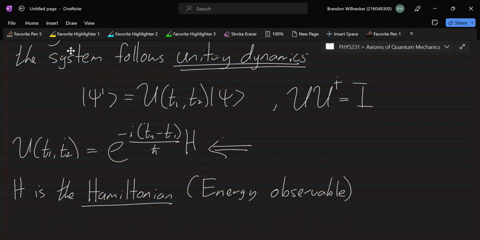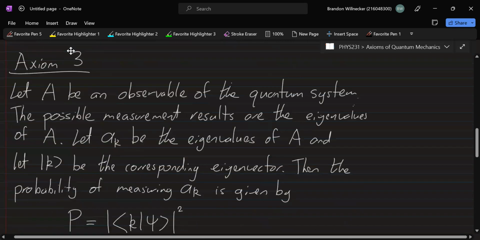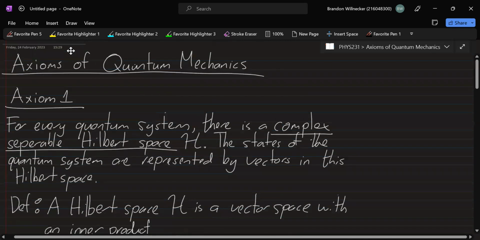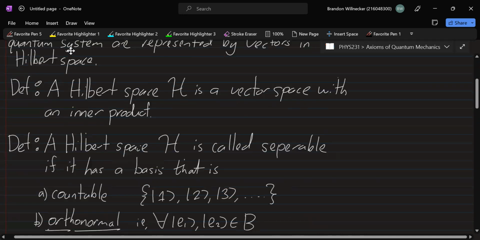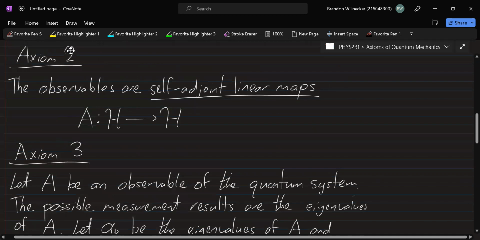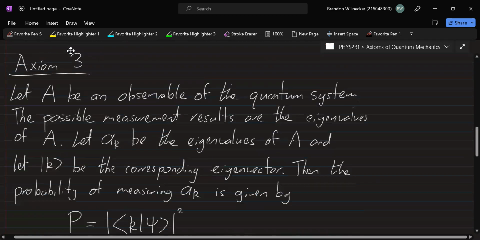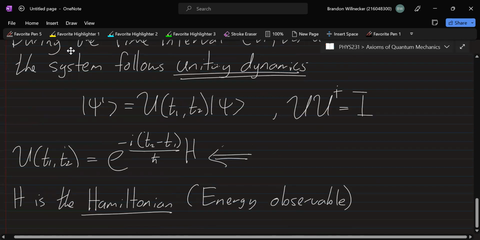So that's it for today. If you have any questions on these axioms or anything in particular here, let's go back here: complex vector spaces. We've gone through inner products, bases, orthonormal bases, self-adjointness, projectors, and unitary operators.